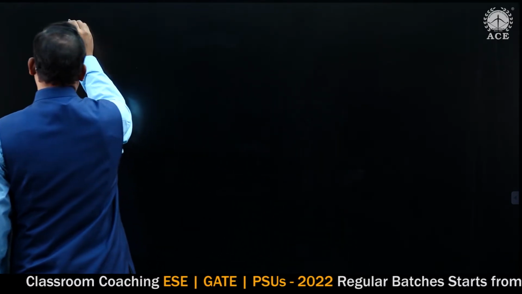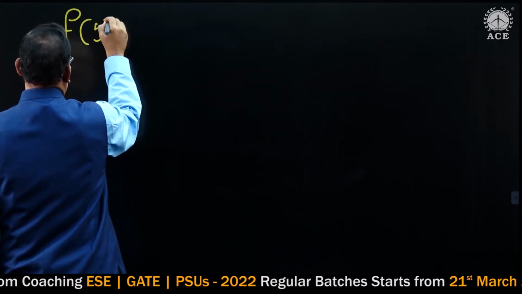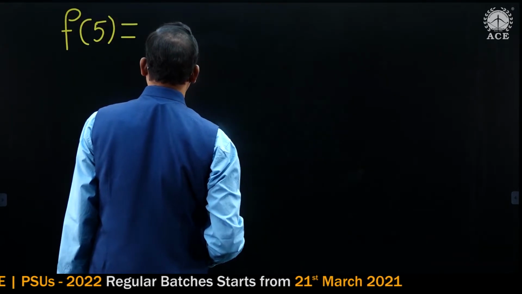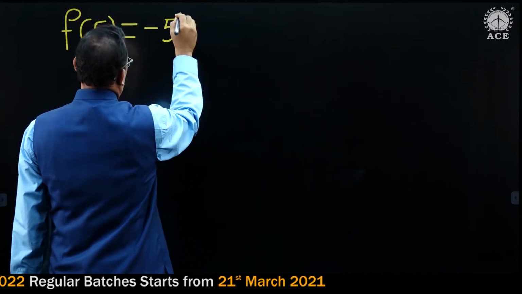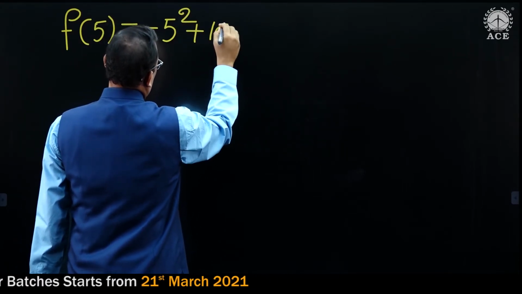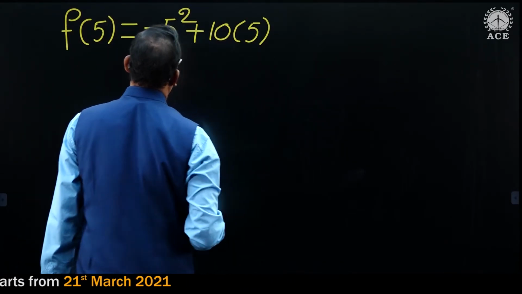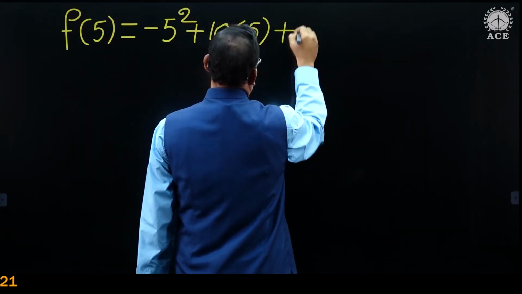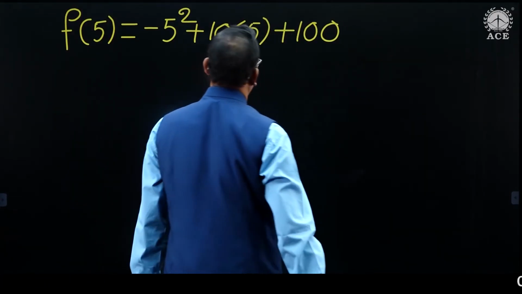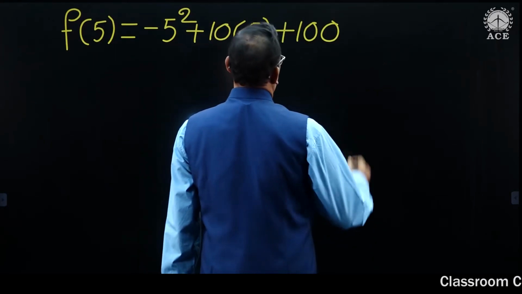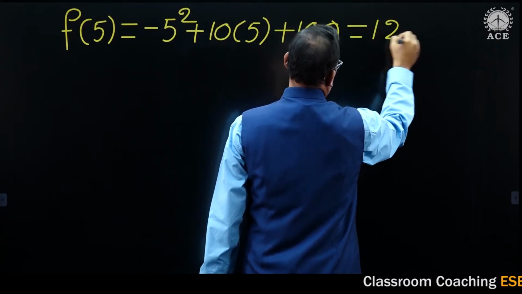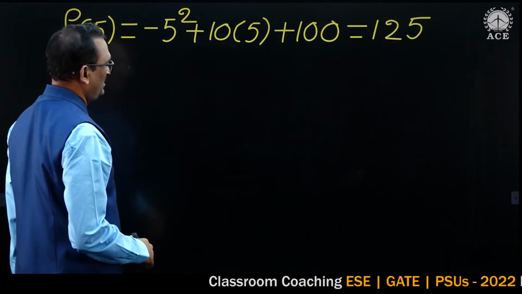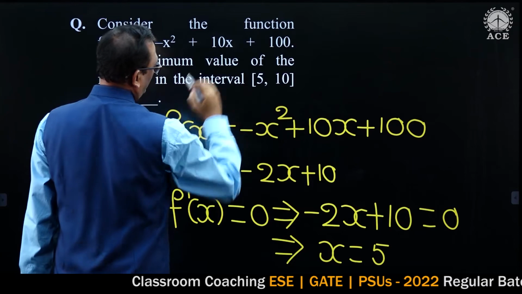Let me find f of 5. F of 5 is equal to minus 5 square plus 10 into 5 plus 100. This is 125. Similarly, let us find f of x value at the other endpoint of the given interval.